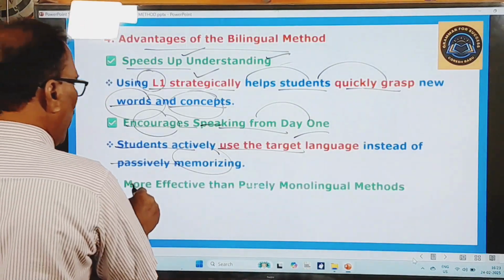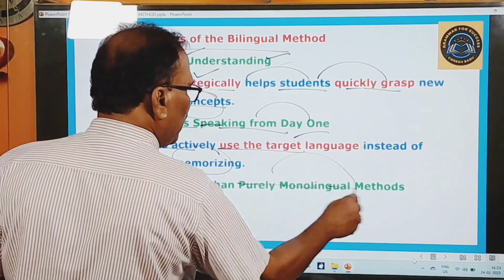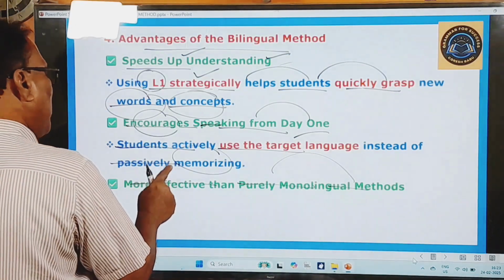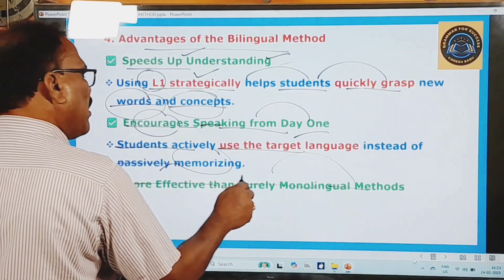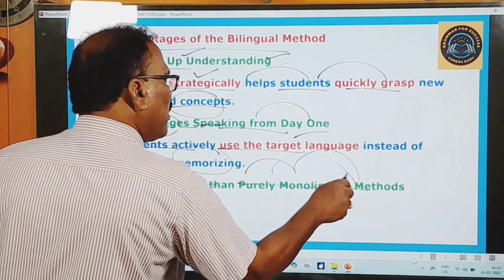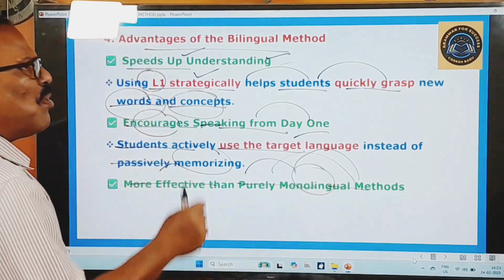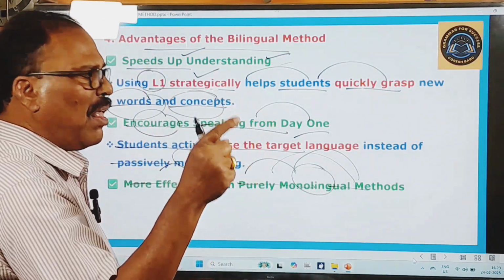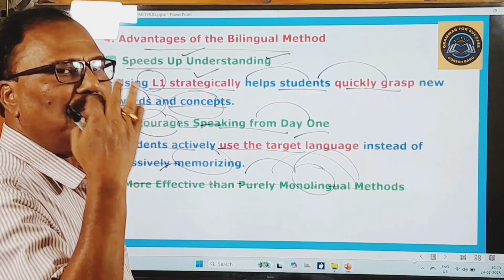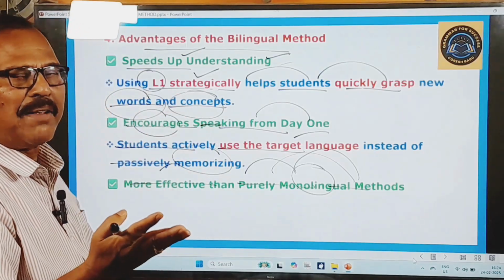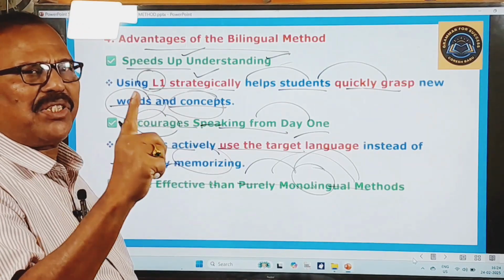And here, more effective than purely monolingual methods. So this bilingual method is more effective than the purely monolingual method. Monolingual method means one lingual method, single lingual method. Single lingual method means the direct method. In that direct method, only one language is used.